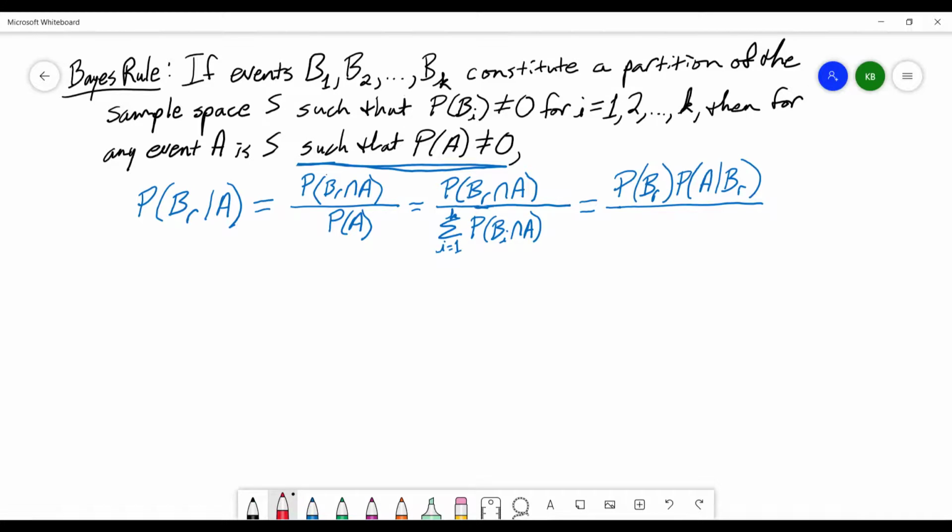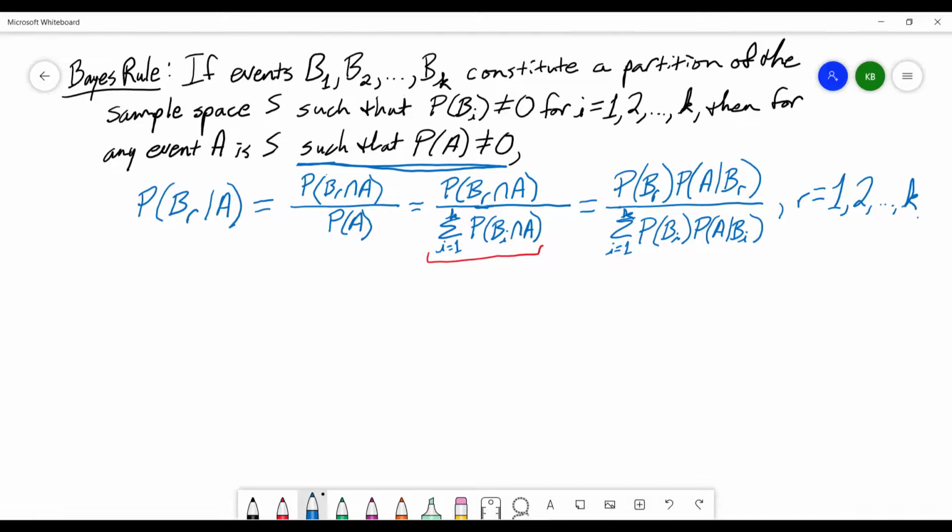And also, using the product rule, I can rewrite the sum in my denominator as the sum from i equals 1 to k of the probability of B sub i times the probability of A given B sub i. So for all of this, the r that's in here can be any number from 1 to k. And that's what Bayes' rule tells us.